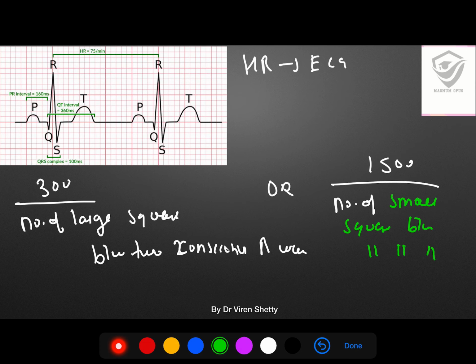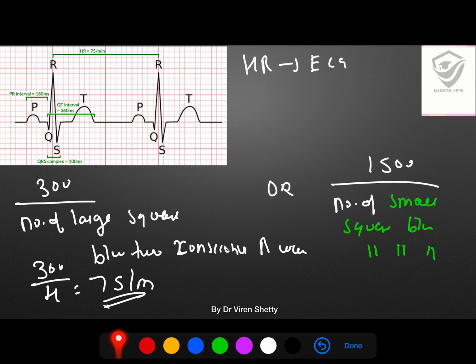So I want you to do a small exercise here. Count the number of large squares. It is 1, 2, 3, 4. So 300 divided by 4 is equal to a heart rate of 75 per minute, and yes, you have confirmed it is 75 per minute. If you count the number of small squares, just to make it fast, remember there are 5 small squares in a large square.